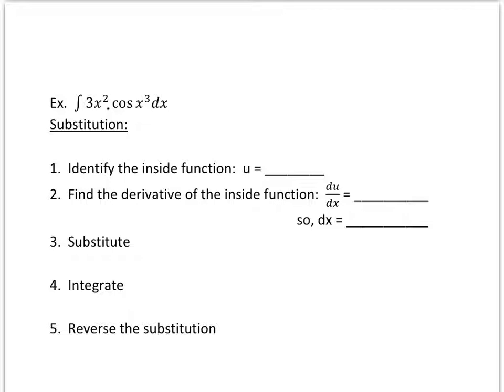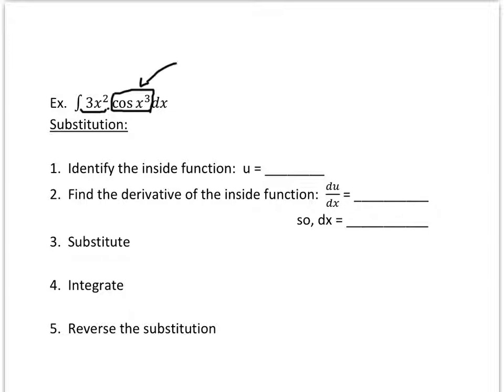So I'm going to identify the inside function. If I'm thinking of chain rule, then one of these two functions is still a composition. It's f prime of g of x. And the one of these that's still a composition is cosine of x cubed.